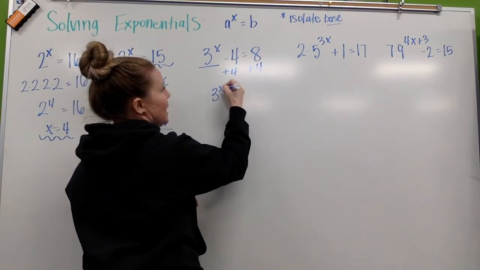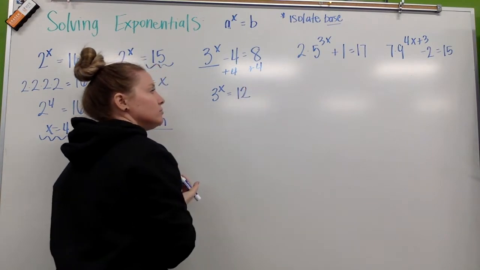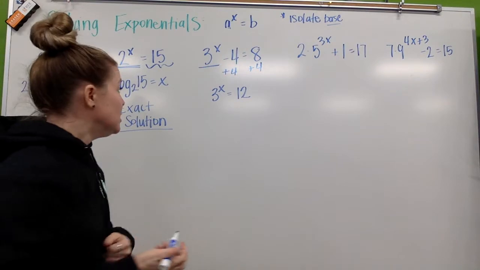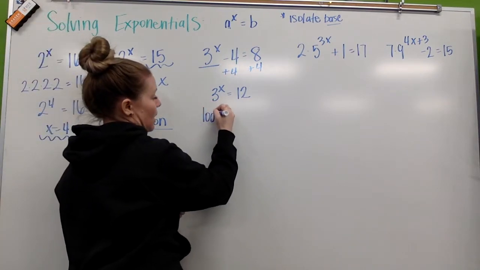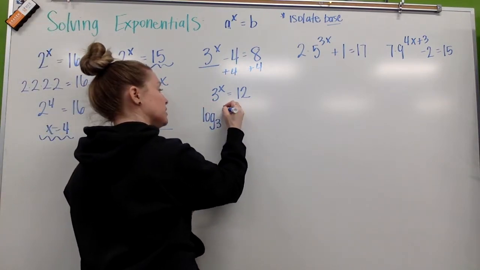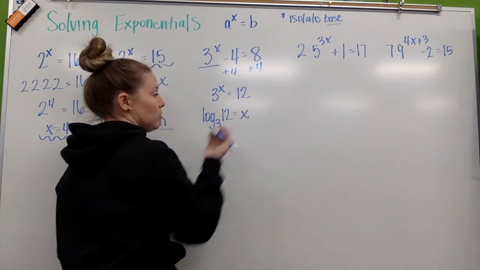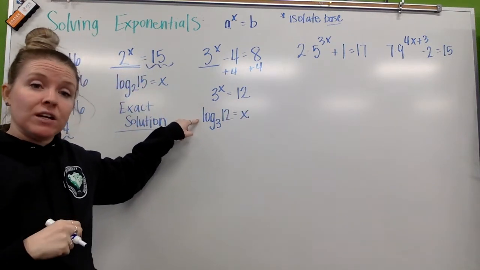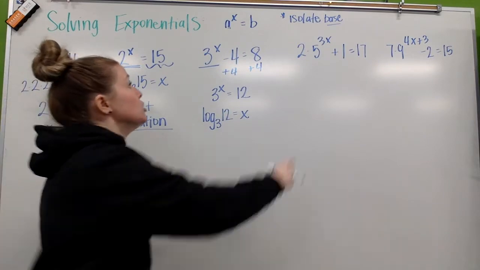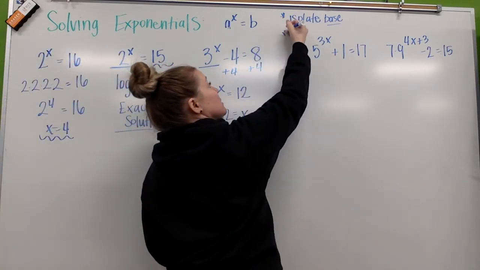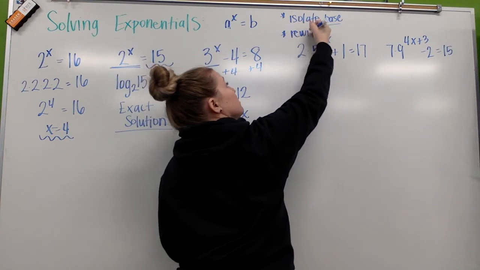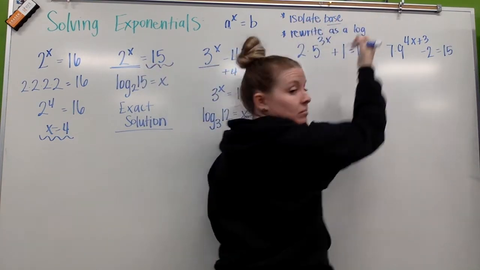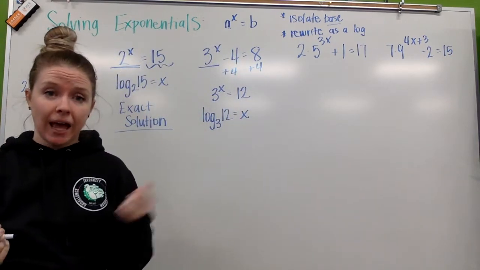So I get 3 to the x equals 12, which means 3 to what power equals 12? I don't know. So I rewrite this as a log. Log base 3 of 12 equals x. Again, this is my exact answer. Next video, we'll take that to a decimal. So once we isolate the base, we are ready to rewrite as a log. That's our goal.